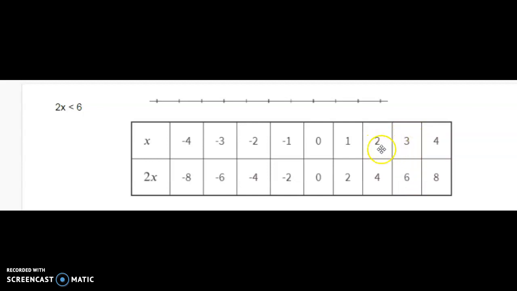So we can look down here and say, oh, 2 times 2, that will give us 4. That is less than 6. So in our 7th grade brains, we have to be thinking about fractions and decimals. So any number that is less than 3, when we double it, will give us numbers that are less than 6.